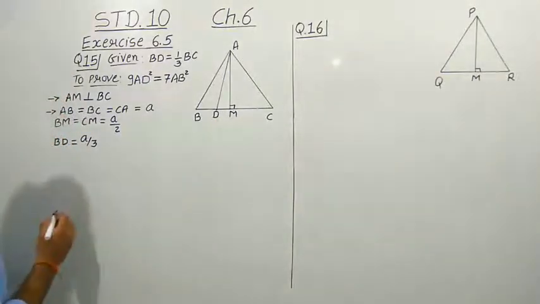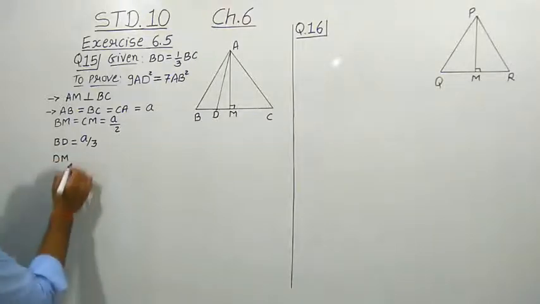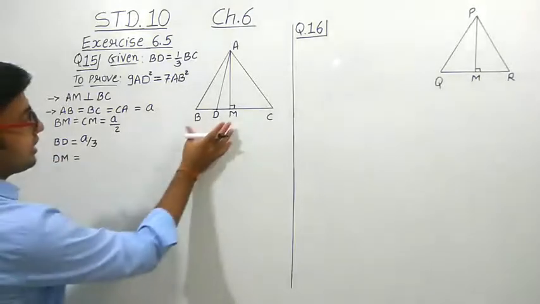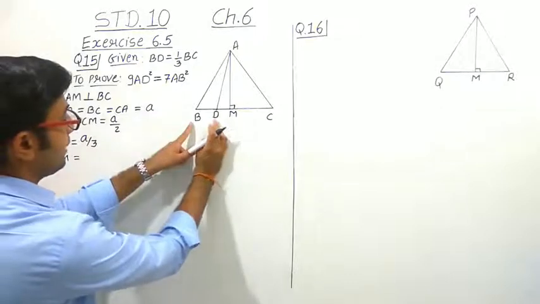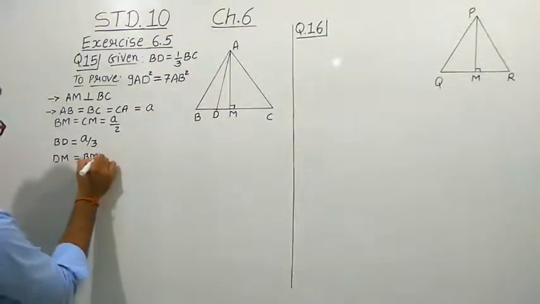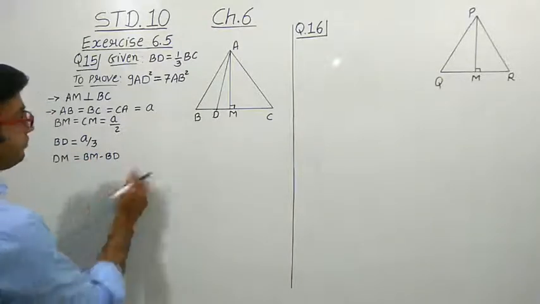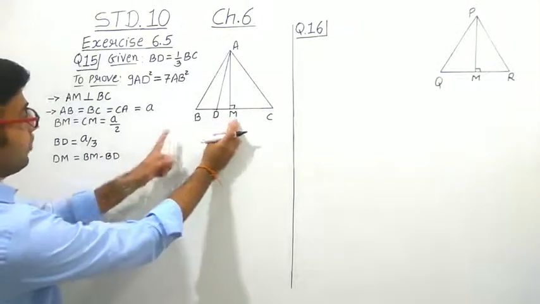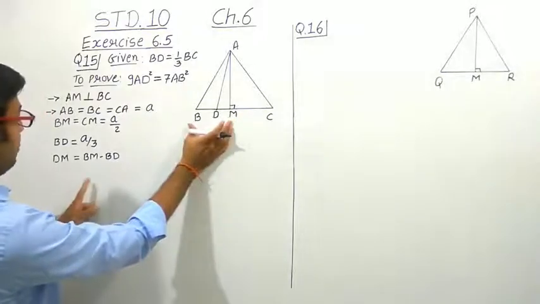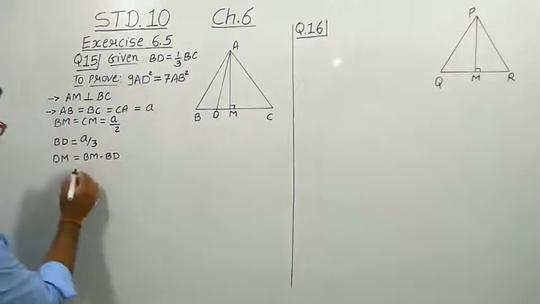So how to find out this DM? See, DM we can write as BM minus BD, right? Out of this total BM we are subtracting BD. So this much is the portion that remains. Now put down the values.